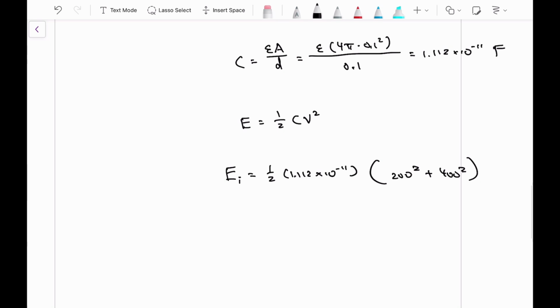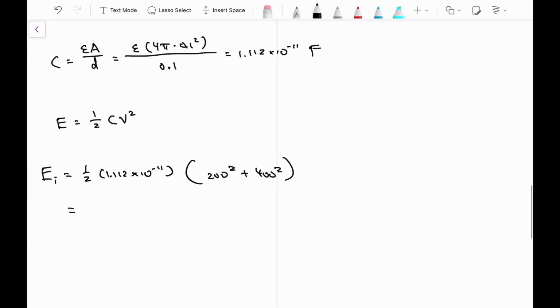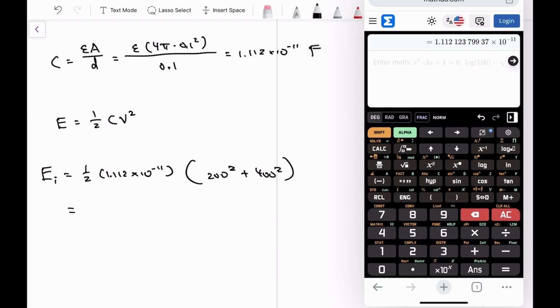So that is 0.5 times 1.112 times 10 to the negative 11, times 200 squared plus 400 squared. And that is 1.112 times 10 to the power of negative 6.